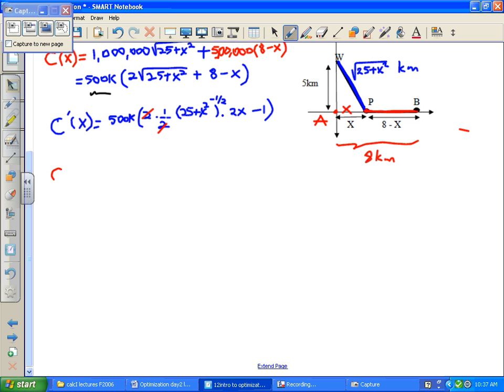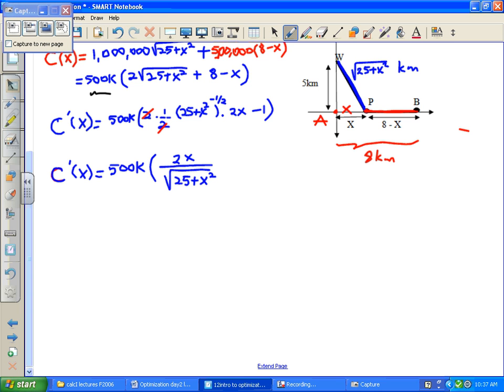So c prime is equal to 500,000 or 500K times, in parentheses, the 2's already canceled, right? I have a 2x on the top, and on the bottom, the square root of 25 plus x squared.